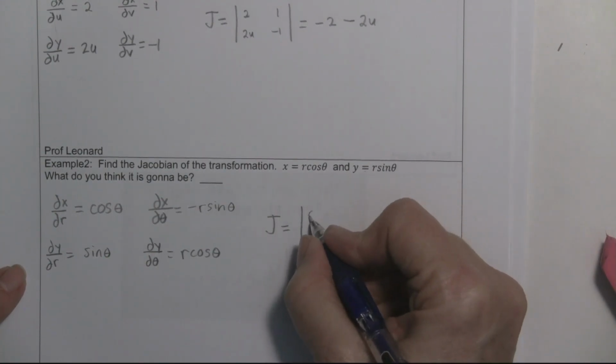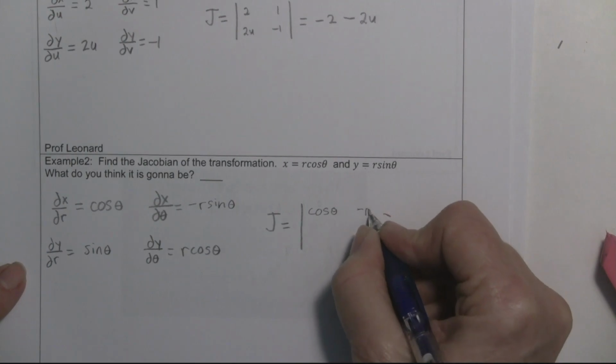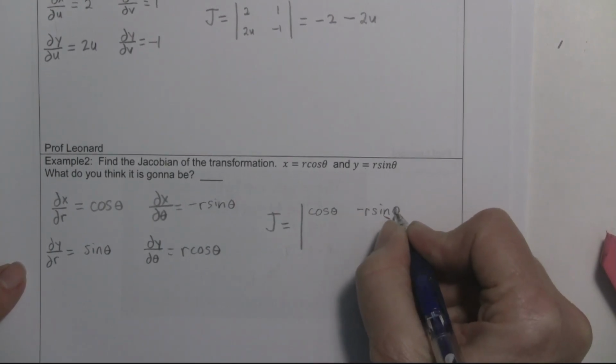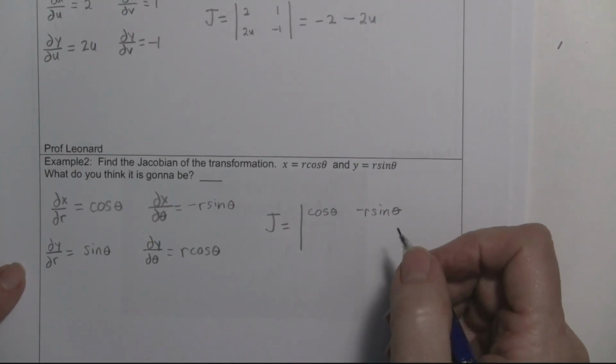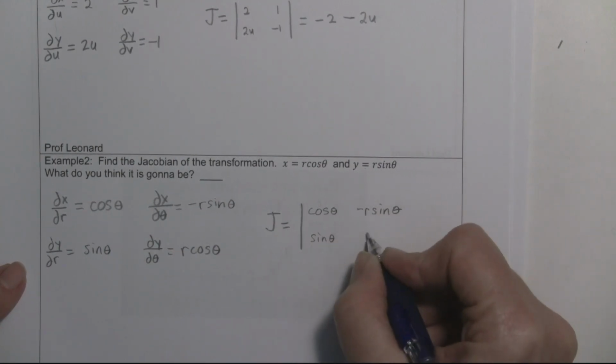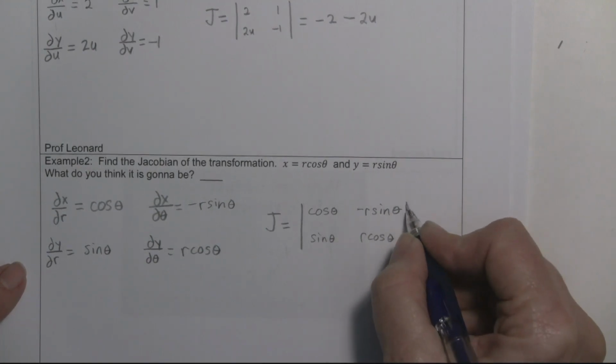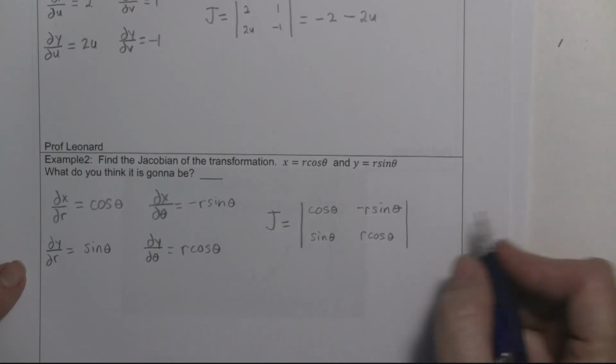And so we got here cosine theta, minus r sine theta. There's the eraser dust that I was talking about. When I do my Jacobian, I'm going to write it underneath so that I don't get on that line.